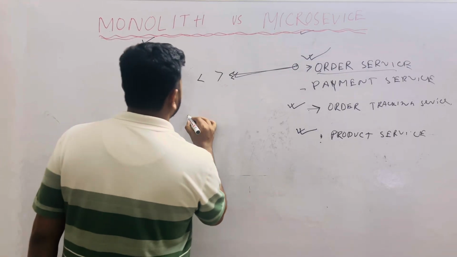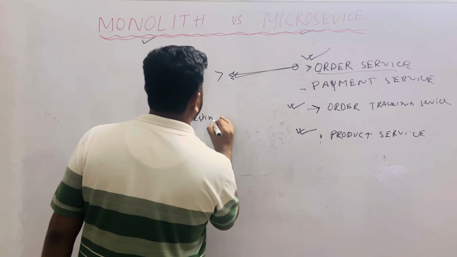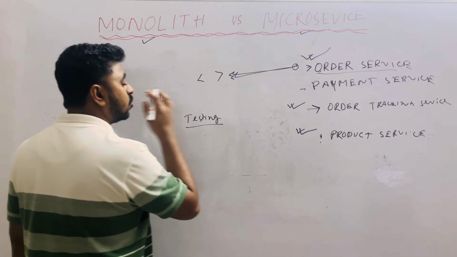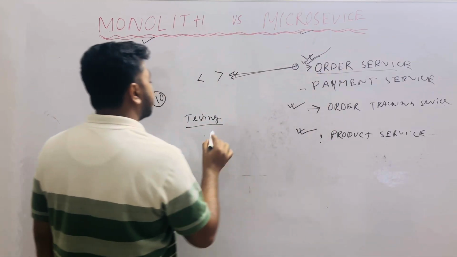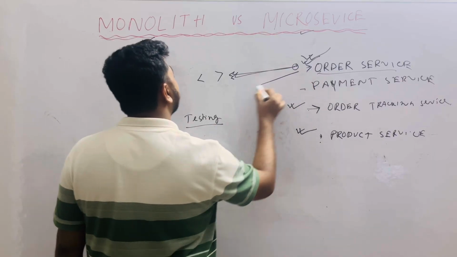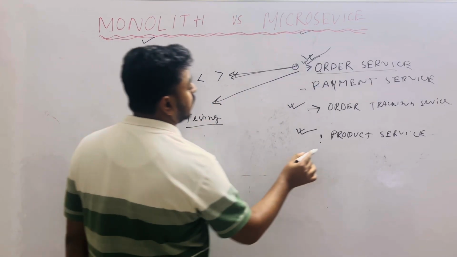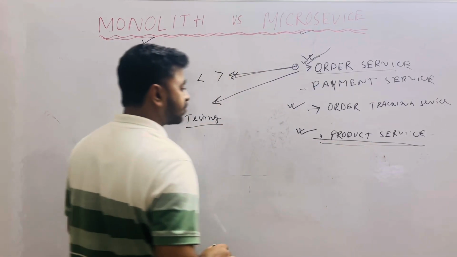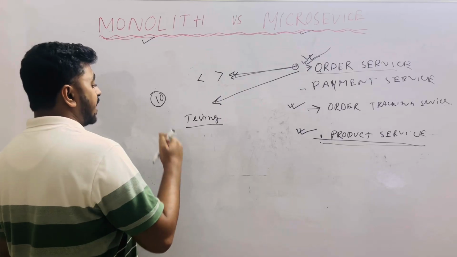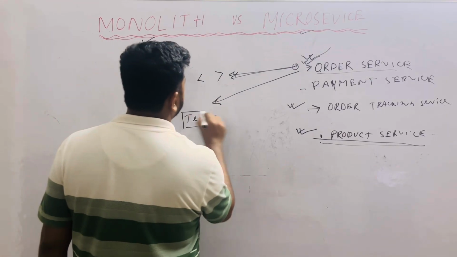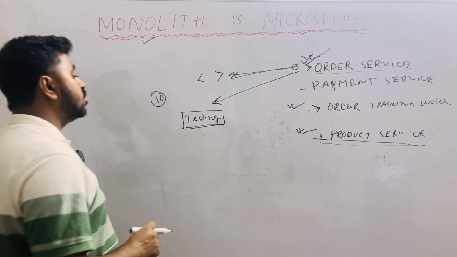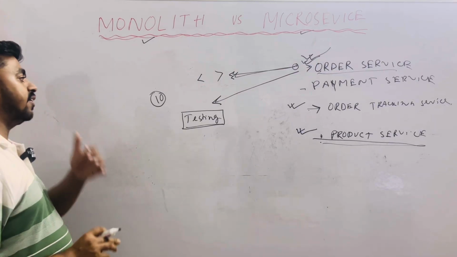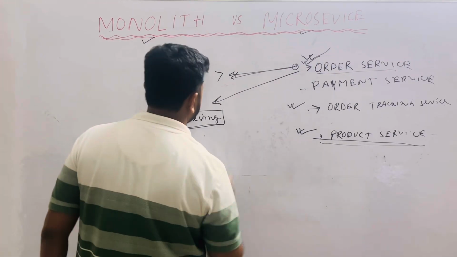And from the testing perspective, suppose someone is working on the order service, they will have to test only the order service. They may not have to test the product service. So the testing budget will be very low and the time consumed for testing will also be very low in the case of microservices.